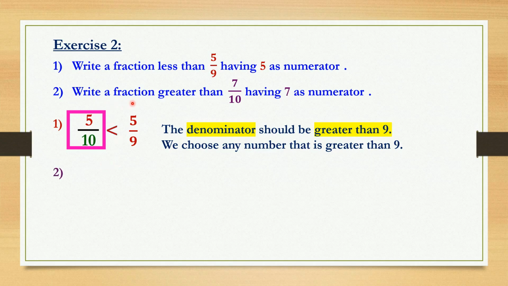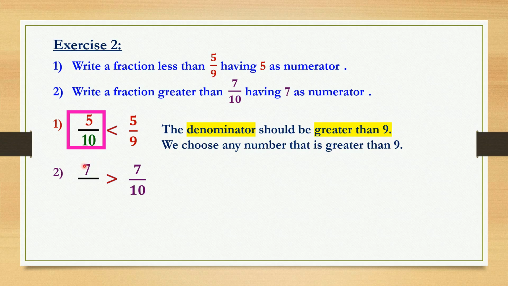Question 2, write a fraction greater than 7 over 10 having 7 as numerator. We need to find a fraction, the missing numerator and denominator, such that this fraction is greater than 7 over 10. Here we know that its numerator is 7, so we write 7 above.